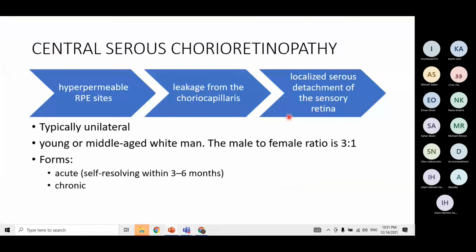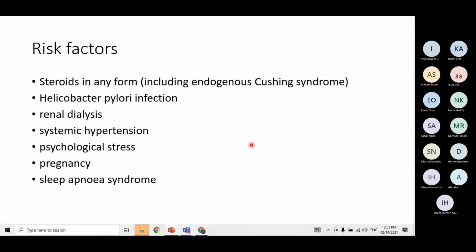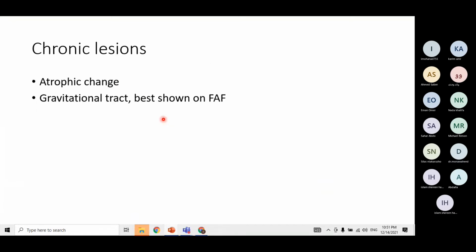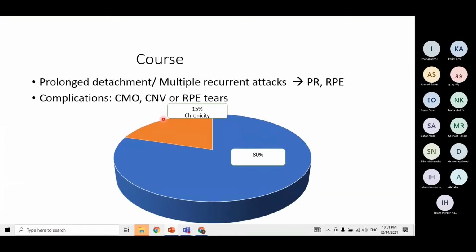Central serous retinopathy, more common in males, more common in patients with steroids, very important, stress, etc. What I need to stress here, that usually patients will improve on their own, and only a small percentage of patients will go to what we call chronic CSR.